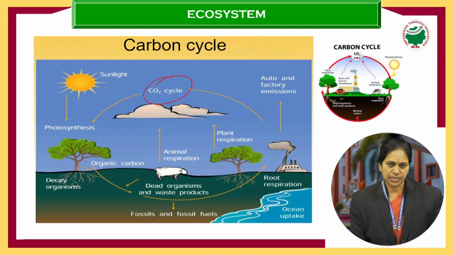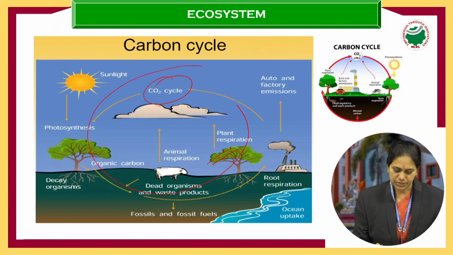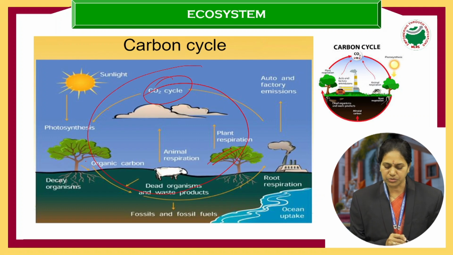So definitely carbon dioxide plays an important role in the preparation of food in the plants, and those plants are eaten by us. The main food for us is plants. You can see the cycle is going on, and carbon dioxide is released into the atmosphere by animal respiration and plant respiration. This is one natural cycle which is going on in the ecosystem.